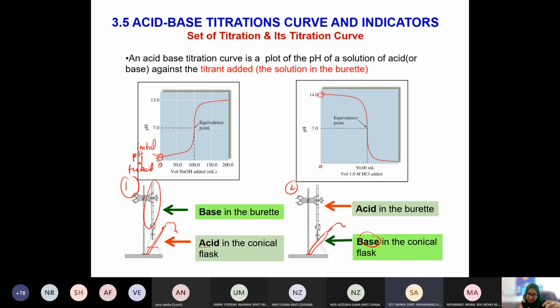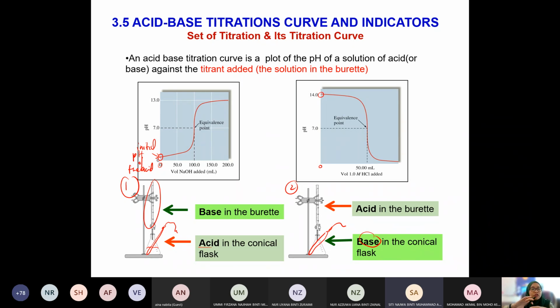So acid ni takkanlah dia tengok aja kan orang serang tempat dia kan. So dia akan bawa bala tentera dia. Okay, excited. Okay, sorry. So base masuk dalam acid. Okay. So acid will serang the base.